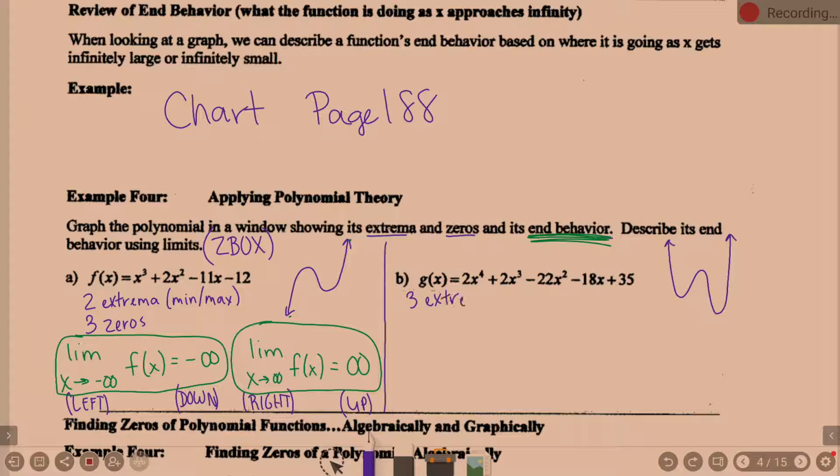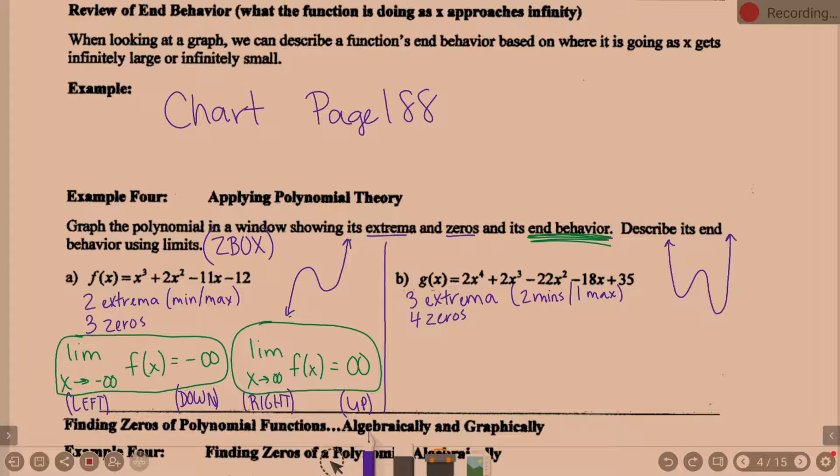So just kind of reviewing there. In this case, I ended up with 2 mins, 1 max. And it can have at most how many zeros? 4. And what did we end up with? We ended up with 4 zeros if you look at your calculator, don't you? Okay, so good information to know there.